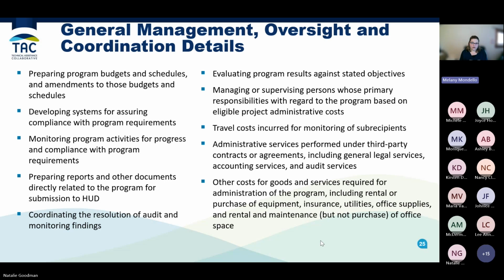It could be someone in your finance department who is actually billing to the project administrative costs, if that's the way you set up your agency. But your overall finance director, who may be looking at the overall agency budget, probably isn't a direct cost charged to the CoC program. Again, it all is based on how you allocate your costs and how you set up your agency.